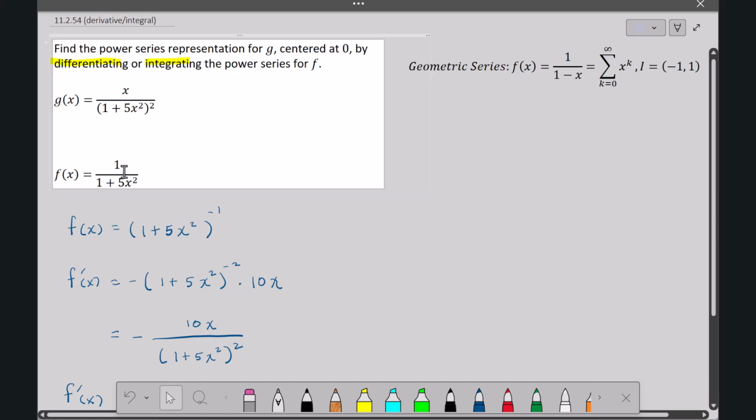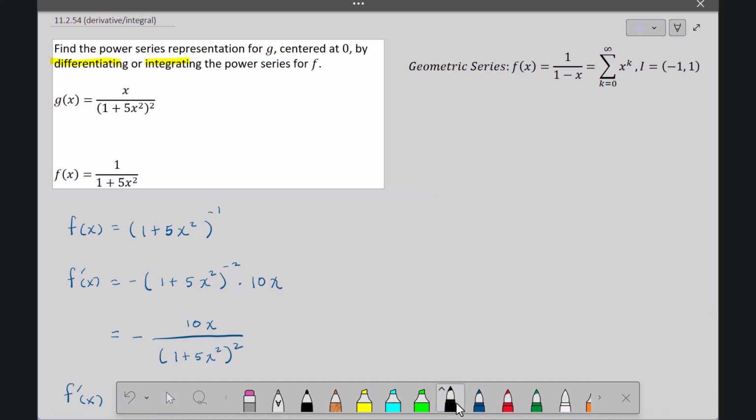Now to do that, we first need the power series for F, and we need to recognize that F is a modified geometric series. So to find the power series for F, we are going to look down here and see that the difference is that we're going to replace the x up here with -5x squared. So up in this geometric series form, we want 1 minus a quantity.